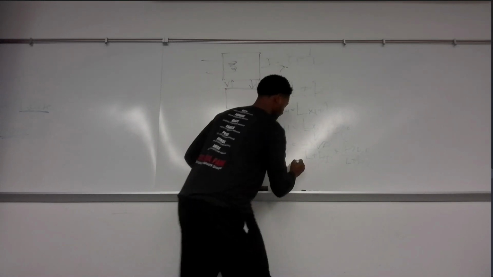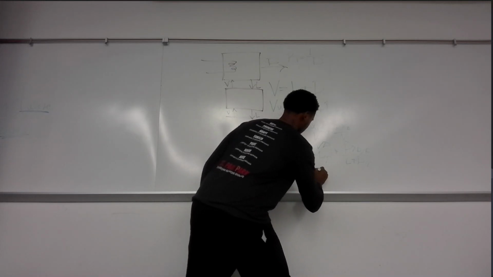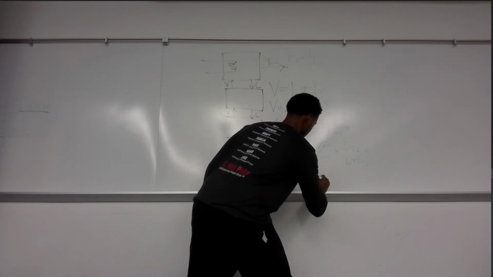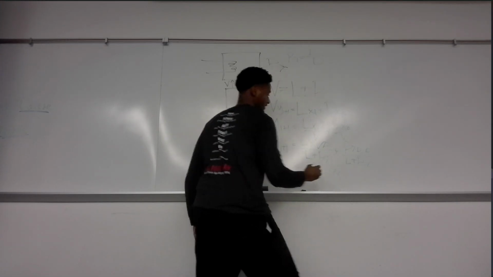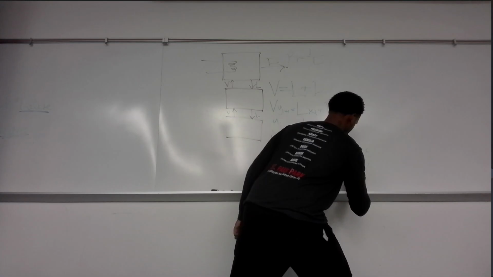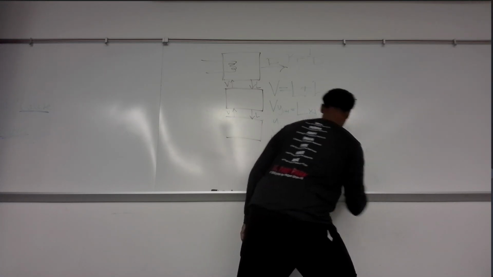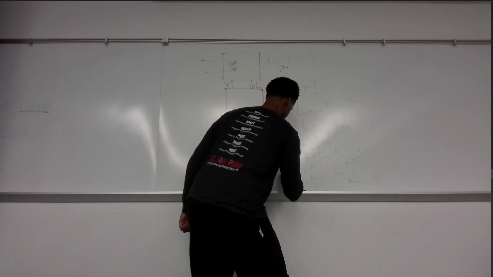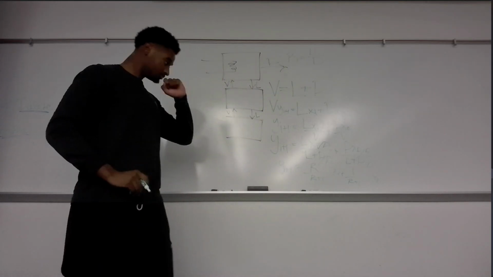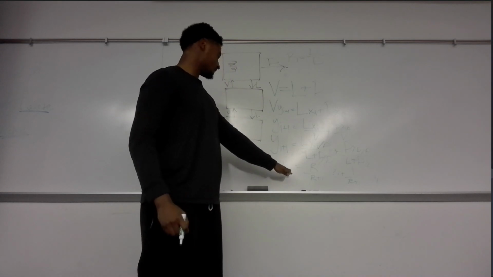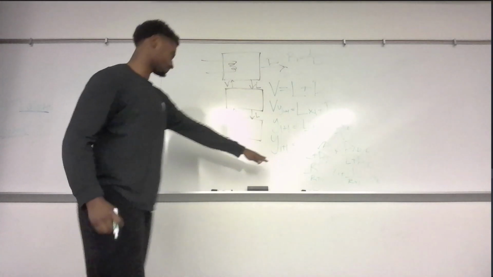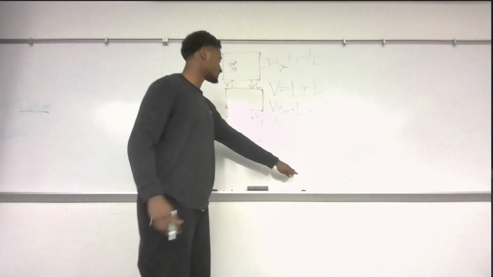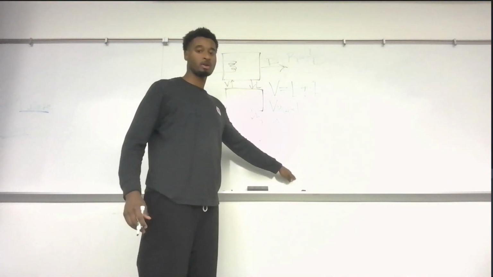When we do that, we get R over R plus 1 times x_i, plus 1 over R plus 1 times x_D, equal to our vapor molar composition, and this ultimately becomes our equation for the rectifying section.